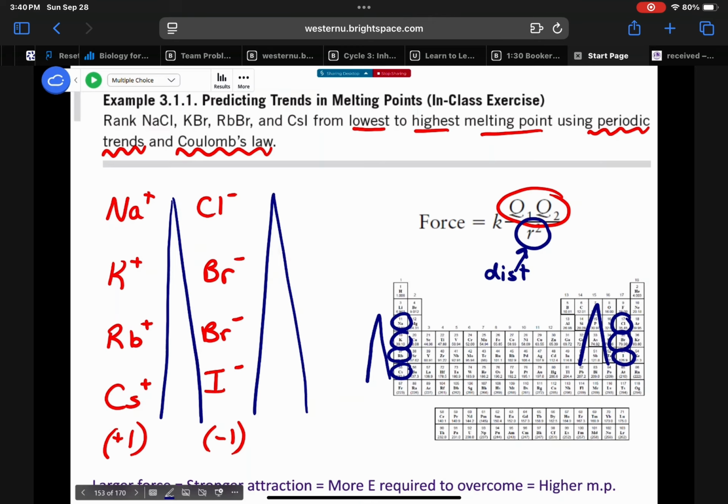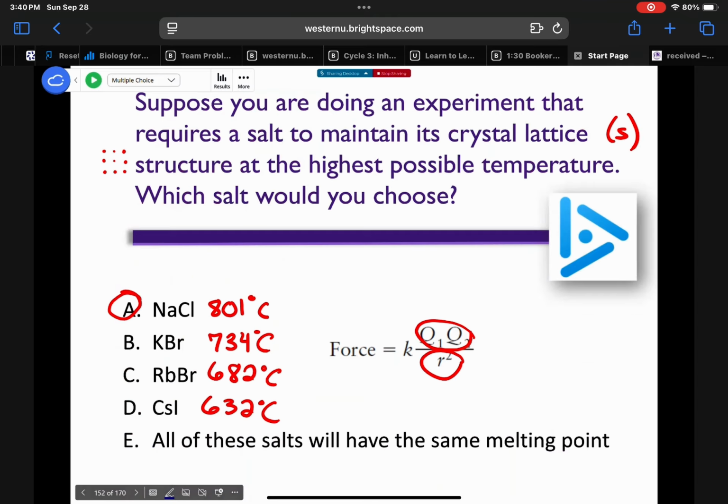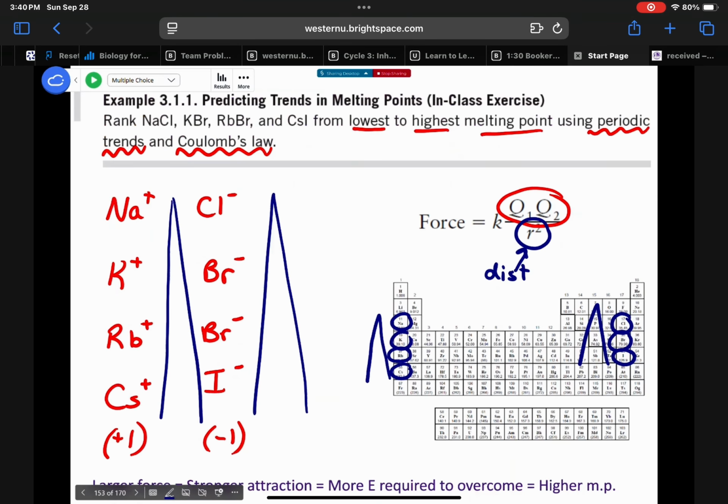They have stronger attractions. And I want to show you my little words on the bottom, but I can't show you right now. If we calculate a bigger force with Coulomb's law, that means we have a stronger attraction between those ions. How does that translate to melting point? Well, if we have a really strong attraction, you're going to have to put in a lot more energy to disrupt that attraction, to turn that crystal solid lattice into a liquid.